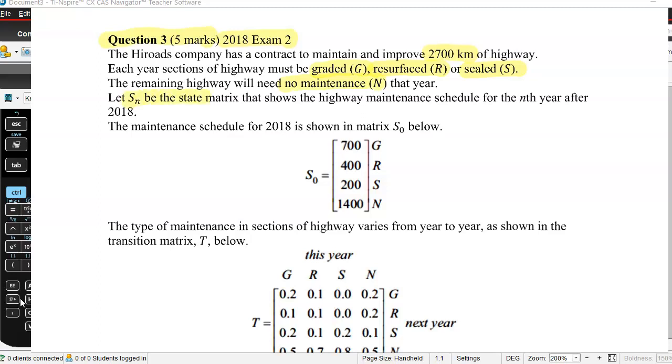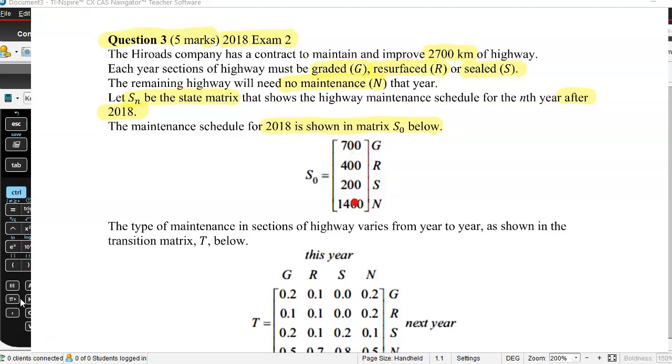Let Sn be the state matrix that shows the highway maintenance schedule for the nth year after 2018. So the maintenance schedule for 2018 is shown in the state matrix S0 below. So this is our initial state, and if you add it up, you'll see it's 1,400, 1,600, 2,000, 2,700.